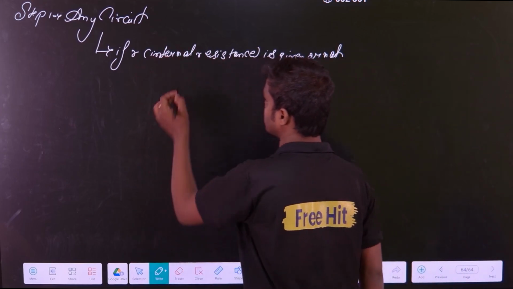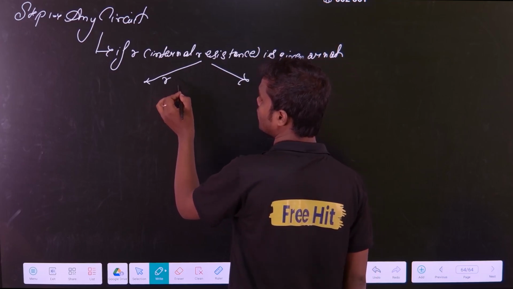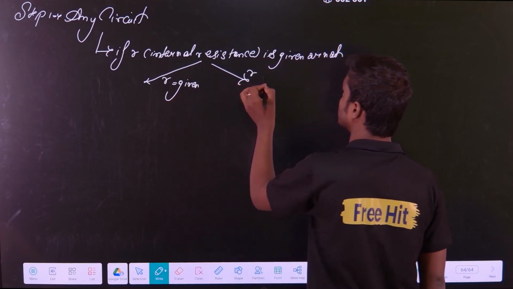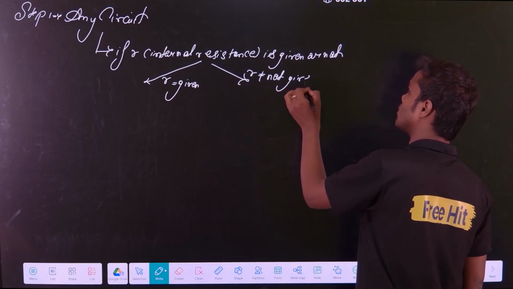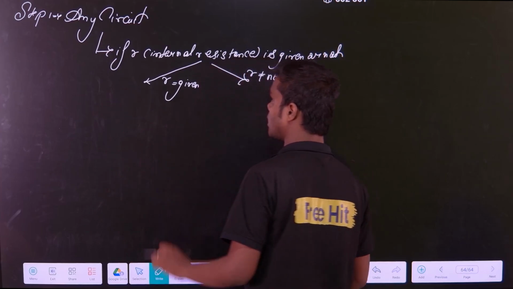Suppose it is given; two cases are possible. Either r will be given or r will not be given. Correct? If r is given, what do you have to do for solving the circuit? If r is not given, what do you have to do?